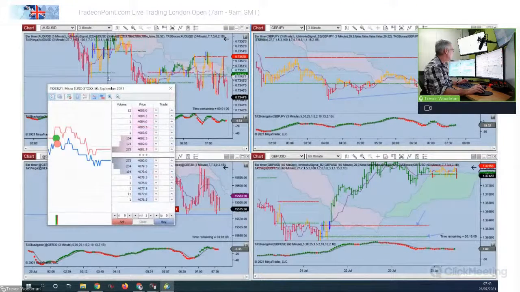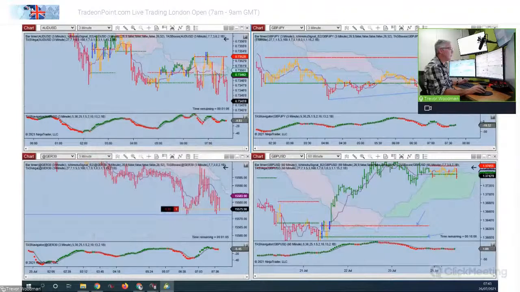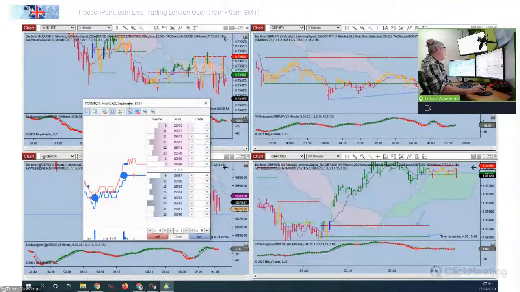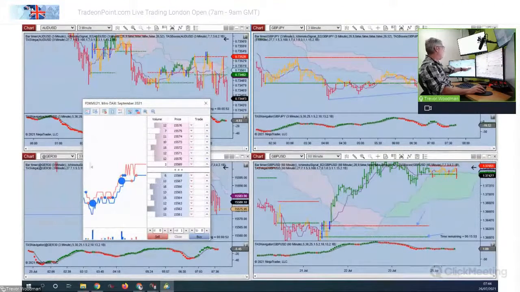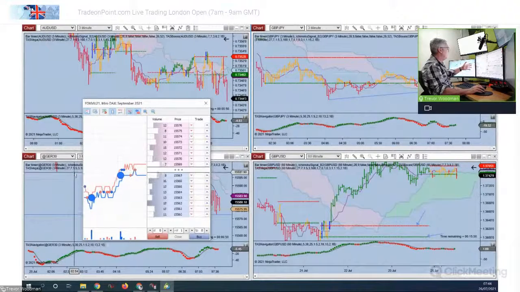We can see here, that's the Euro stocks. Let me go onto the DAX. There we go. Okay. So that's the mini DAX, which is the GER30 on FXCM futures.